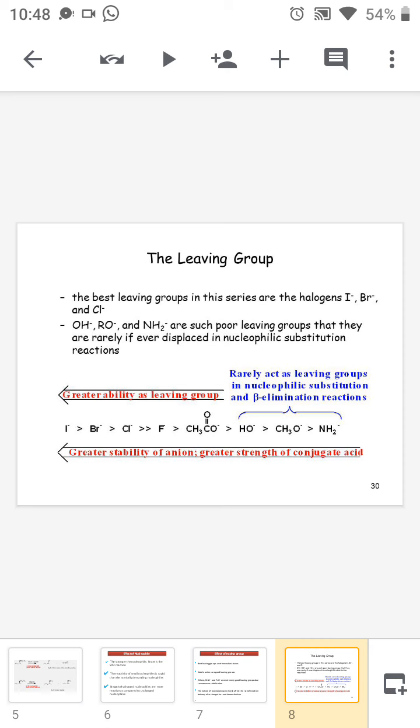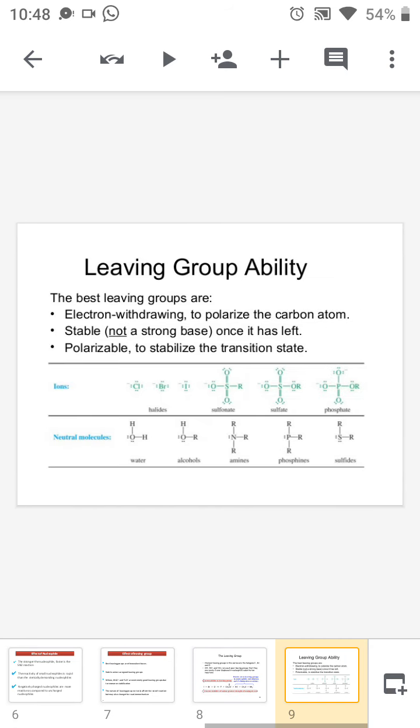Similarly, OH minus, RO minus, NH2 minus are poor leaving groups, because they are not that stable. Now, as we discussed in the case of nucleophiles, leaving groups are also of two types: the negatively charged leaving group and the neutral leaving group.